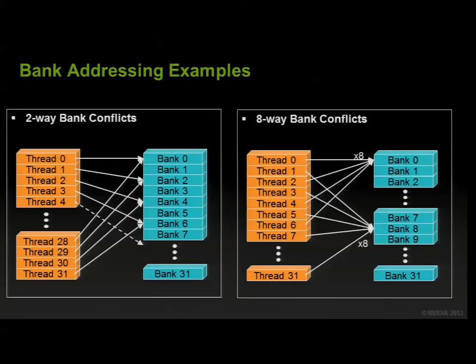So what will happen is that it's being serialized. So thread 0 will say, give me value A. At the same time, thread 28 says, give me value B. Value A will be delivered first, and in the second iteration, you will get value B.